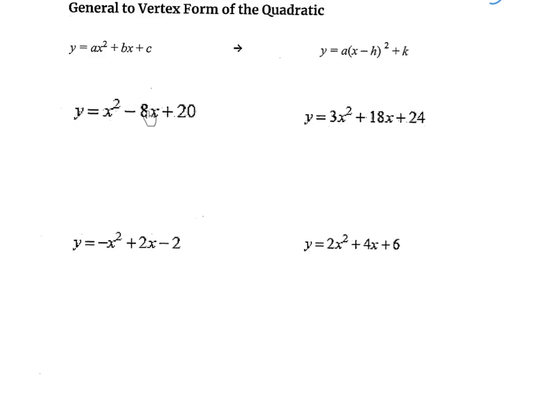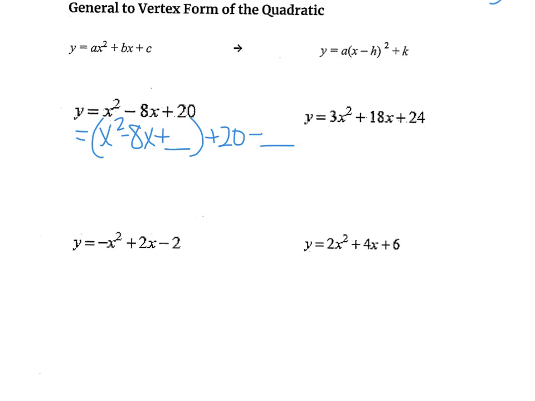We're going to take x squared minus 8x and separate it away from the 20. I'm going to rewrite this, x squared minus 8x, and separate it to make a perfect square trinomial, but keep that 20 and have to adjust it to keep the equation the same.